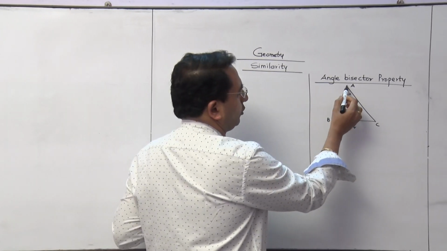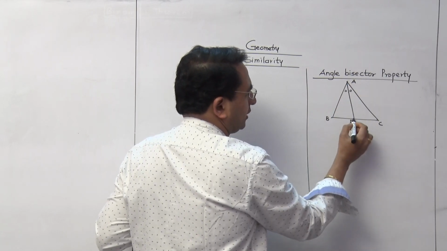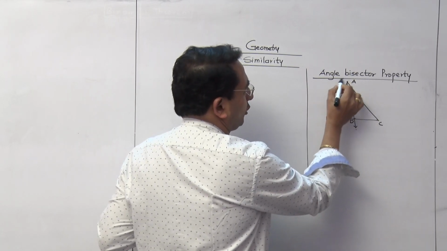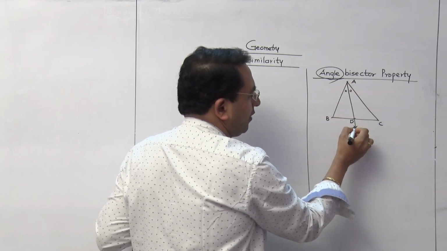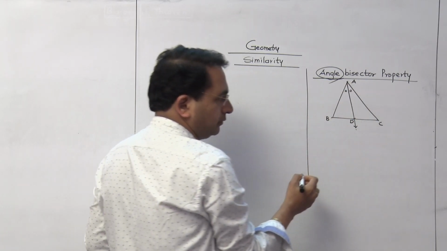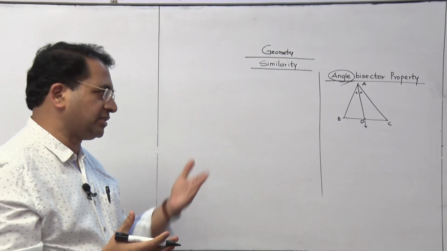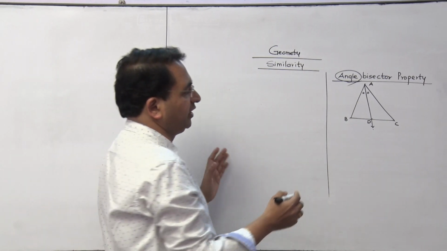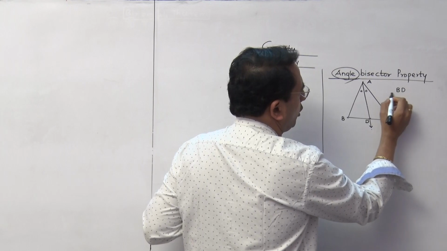Suppose you are talking about this figure, this is a bisector, and we are talking about the angle bisector. Now this angle bisector divides the opposite side in the ratio. When they say that the line divides the opposite side in the ratio, that means we have to write BD upon DC.